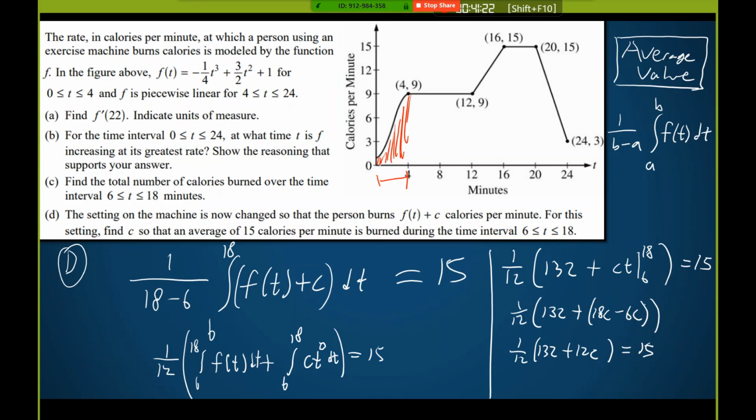Okay, so I'm going to multiply by 12. So that gives me 150 plus 30 is 180, is equal to 132 plus 12c. I can subtract 132 from both sides to get 48 is equal to 12c. Therefore, c is equal to 4.